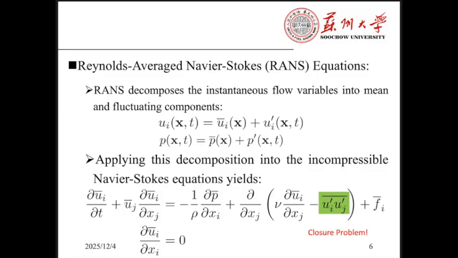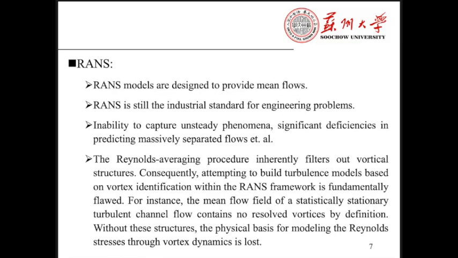We have to model this term by the mean quantities. So the RANS models are designed to provide mean flows, and nowadays RANS is still the industrial standard for engineering problems.